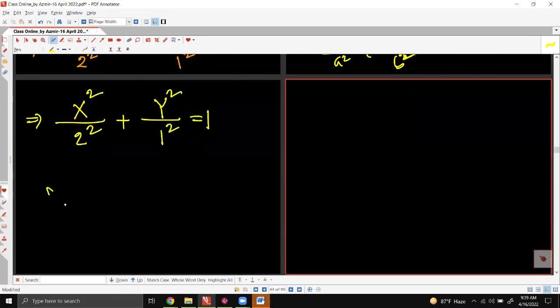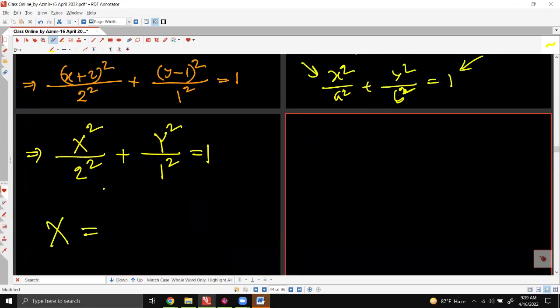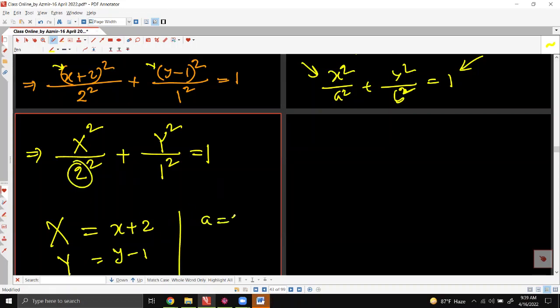So that means we have considered uppercase X equals small x plus 2, and small y minus 1 is considered as capital Y. Also we have a equals 2 and b equals 1.